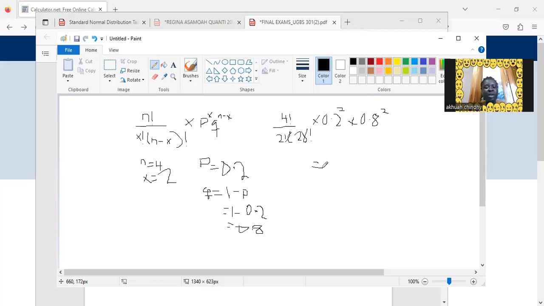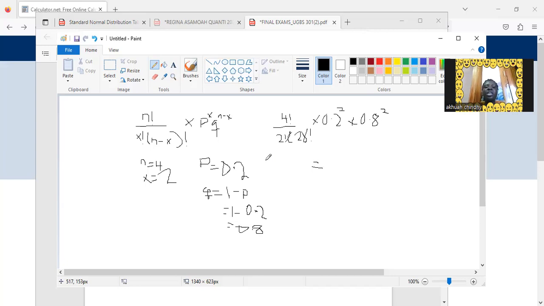If the question had said find the probability that only 2 will be non-defective, it means that x, which is 2, is non-defective. So the p here should relate to non-defective, and would rather be 0.8 and not 0.2. So you have to read the question carefully and know which one relates to the x, especially in the binomial distribution.